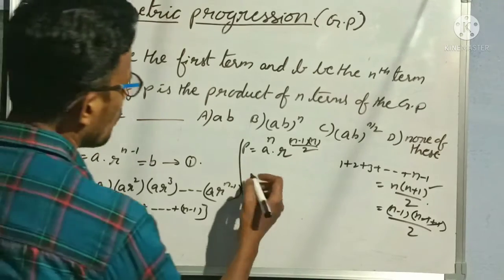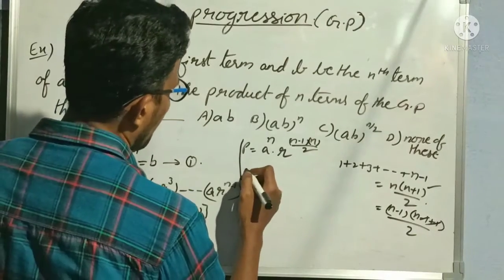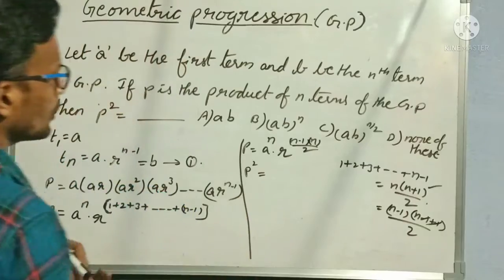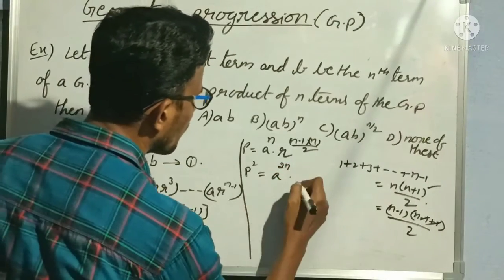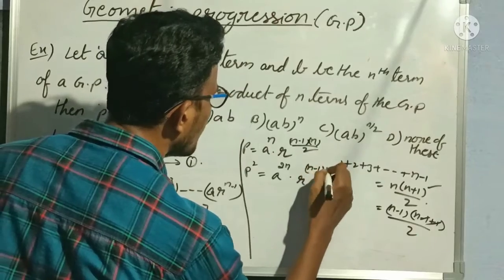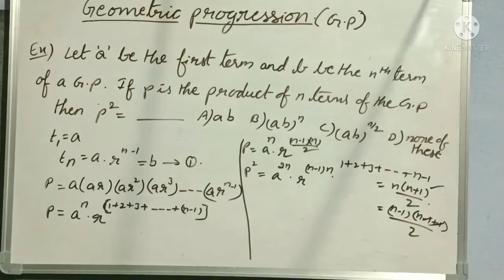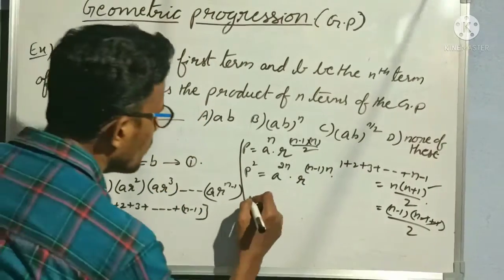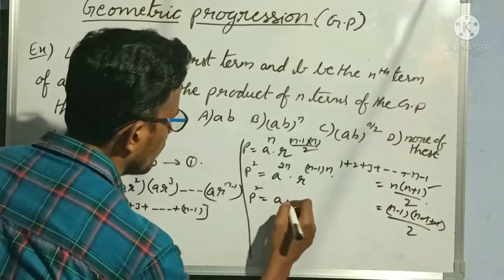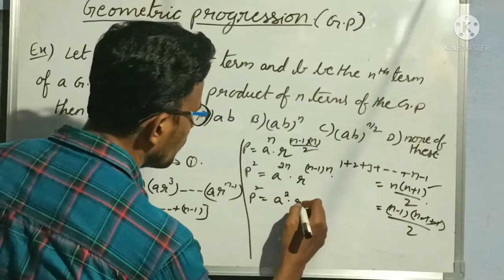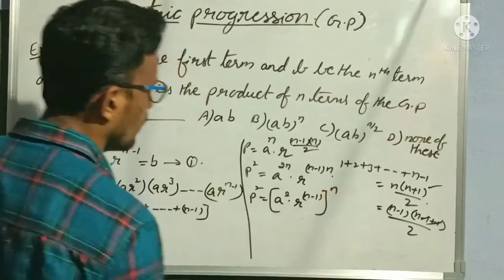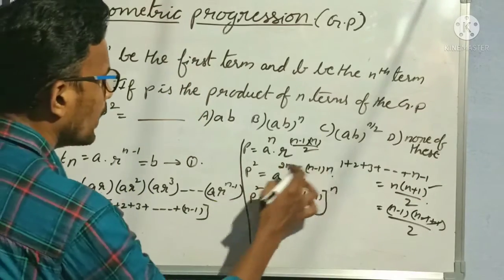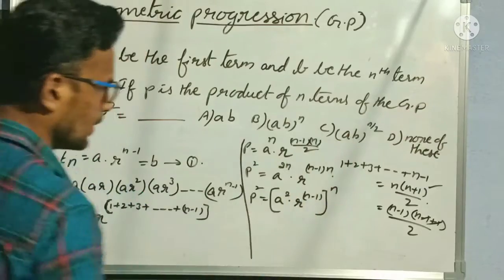Now we want P square. P square is equal to A power 2n into r power n minus 1 into n. So P square is equal to A square into r power n minus 1 whole power n. This n I am taking common and taking whole power n.